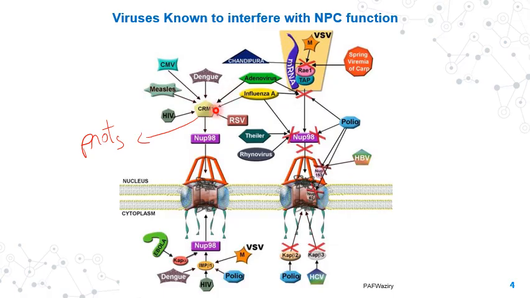Some messenger RNA also goes through that route. So viruses are really good at blocking this type of transport and taking over cell function. And you see other viruses here, for example, Ebola virus. They're not very dramatic, right? But you see here, Ebola, HIV, polio are targeting several paths that block this type of nuclear transport.